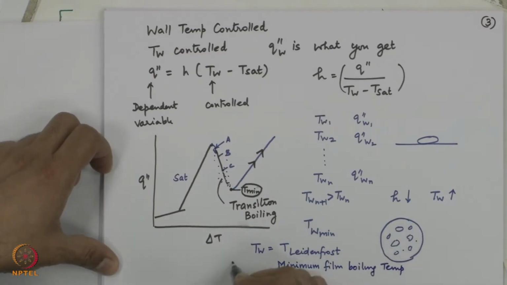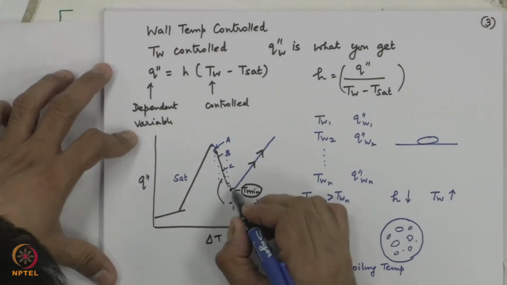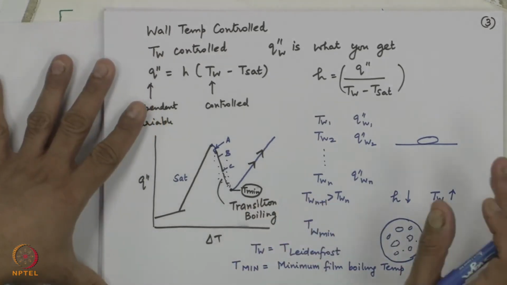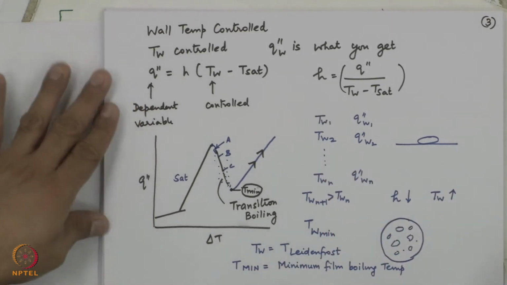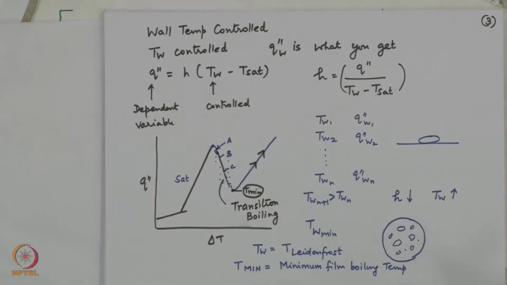This is given the term T min. What it represents is the temperature at which the liquid can still be in contact with the heated surface. Any further increase in the wall temperature will result in the liquid losing contact with the heated surface permanently.